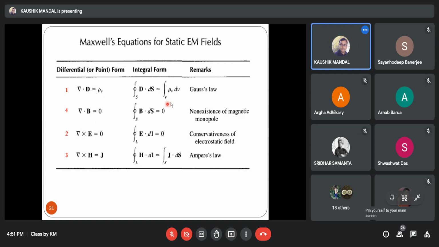All these four equations so far are based on static electromagnetic fields. In the next class, we will discuss what modifications are needed in Maxwell's equations if we consider time varying electromagnetic fields.